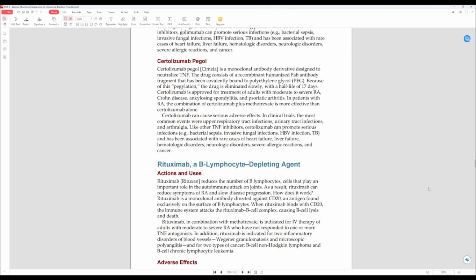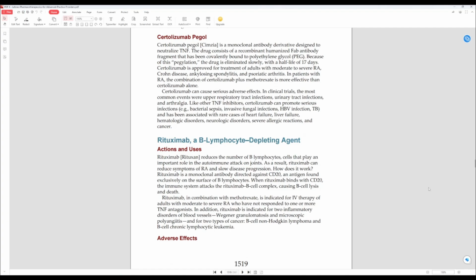Which brings us to certolizumab pegol, also known as Cimzia, which is another monoclonal antibody derivative designed to neutralize TNF. The drug consists of a recombinant humanized Fab antibody fragment that has been covalently bound to polyethylene glycol.